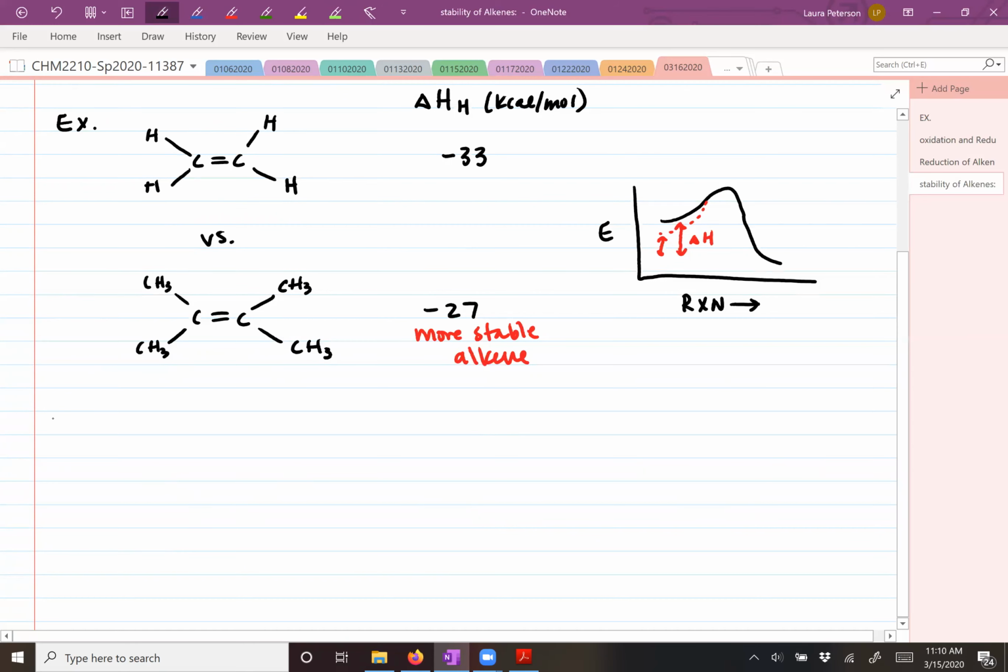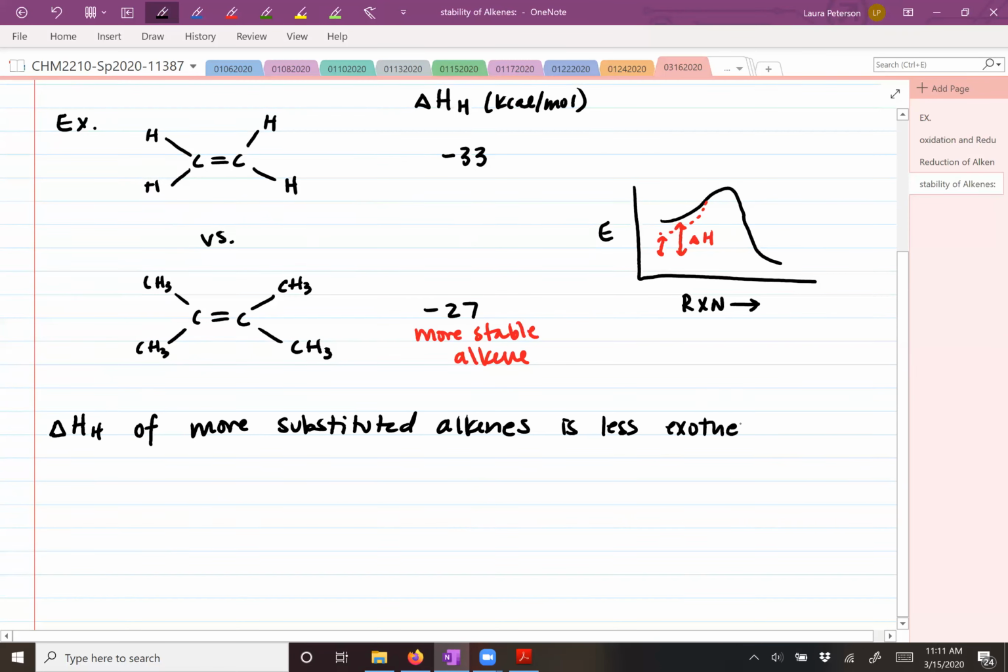Okay, so the generalization that we're going to make is that the delta H sub H of more substituted alkenes is less exothermic.